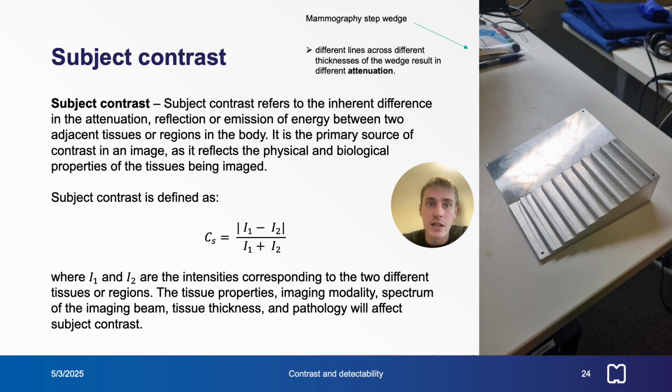And here we have the equation for subject contrast defined, which is related to the absolute difference between the intensities of the corresponding two tissues or regions. The tissue properties, imaging modality, spectrum of the imaging beam, tissue thickness, and pathology will all affect subject contrast.